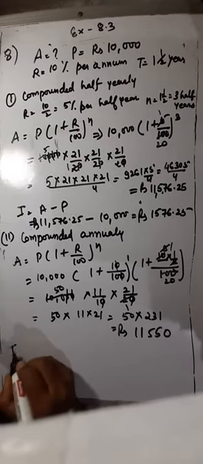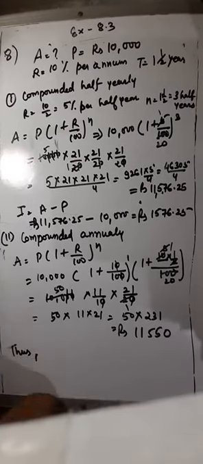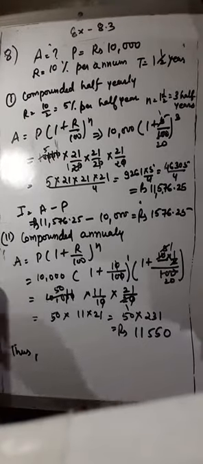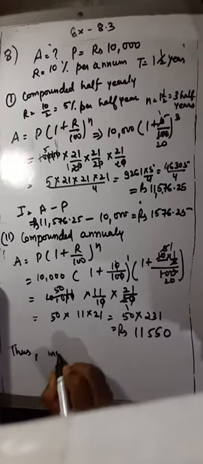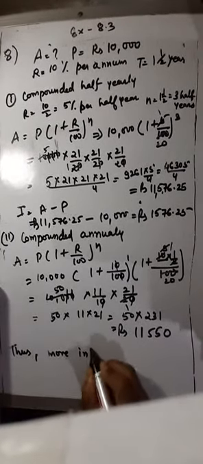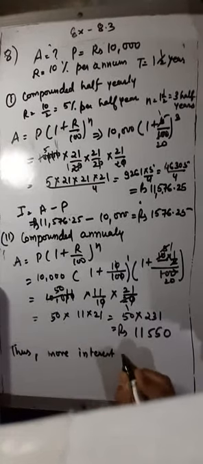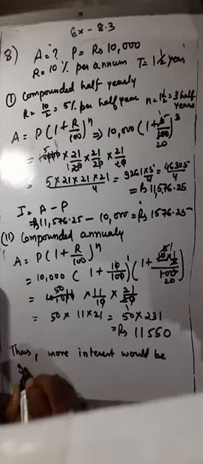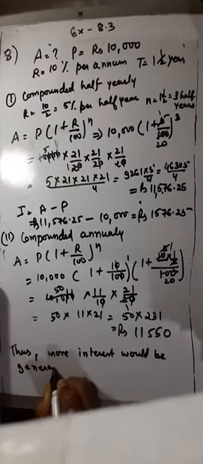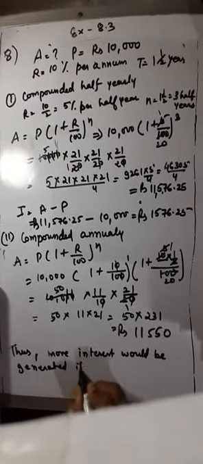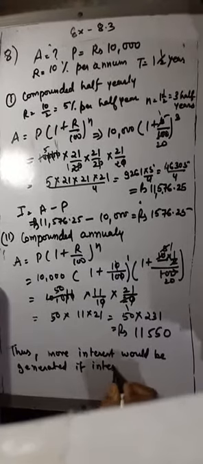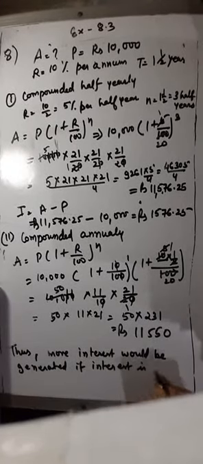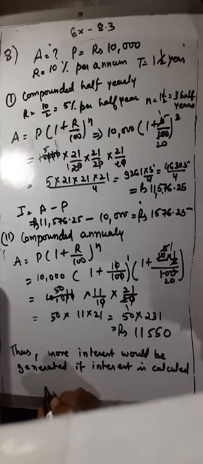So we write here: thus more interest would be generated if interest is calculated half yearly.